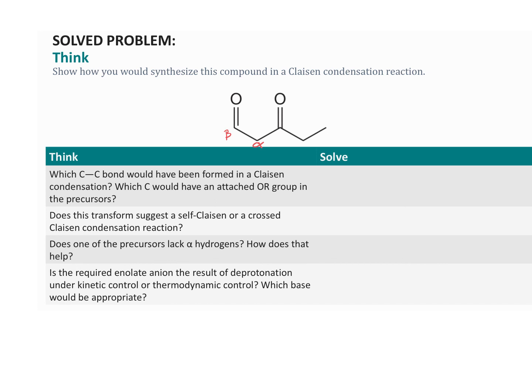If we divide the molecule here, then our precursor would be there, with no alpha hydrogens, and then 2-butanone here.